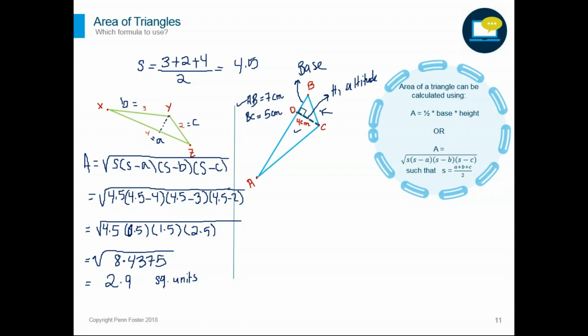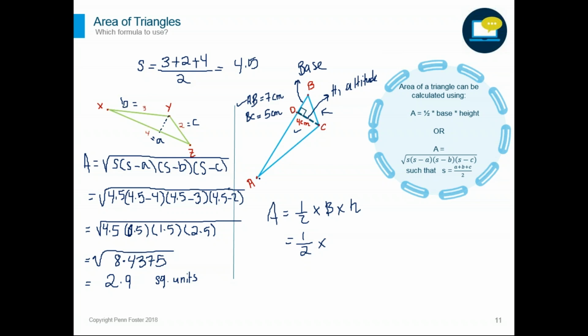Sometimes in exam questions, you're given too many givens. So you need to determine which ones you need and which ones you just have to ignore. Okay, so area equals half times the base times the height, equals half times the base, again the side the altitude is perpendicular to.